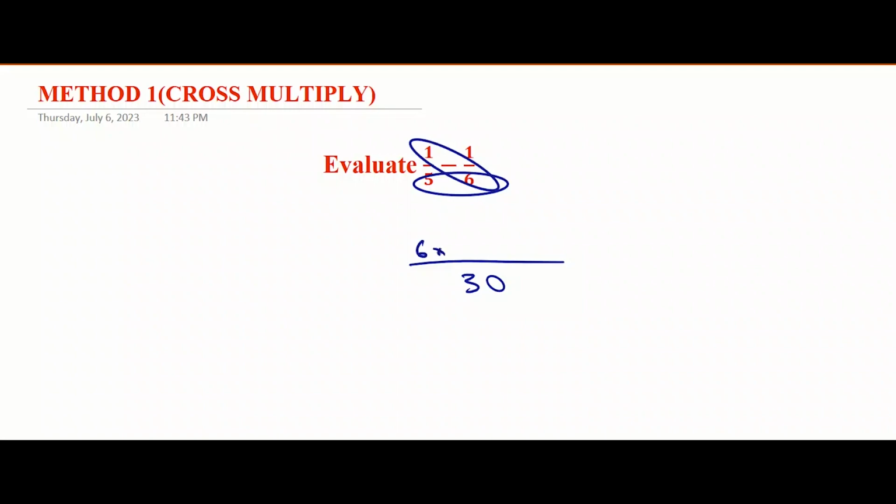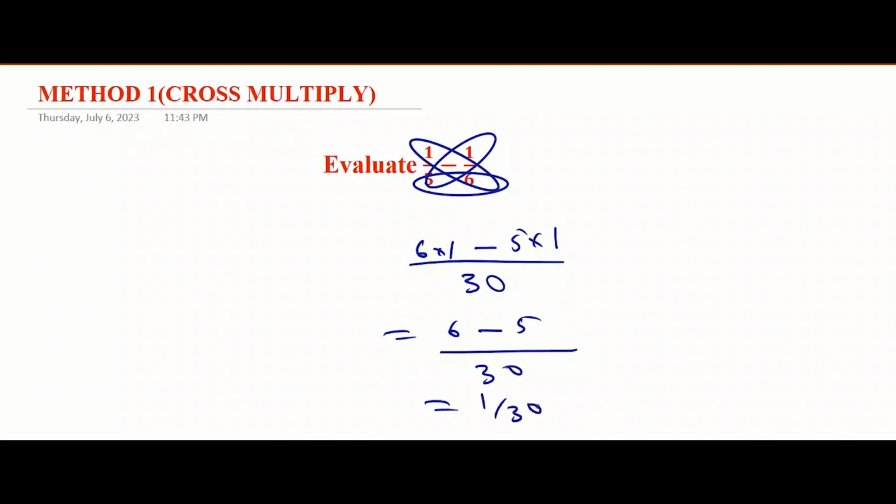So do not do 5 by 1 first, then subtract. Then the next one will be 5 by 1. So this will be 6 times 1, 6. Then subtract 5 by 1, 5 out of 30. And your final answer will be 1 out of 30.